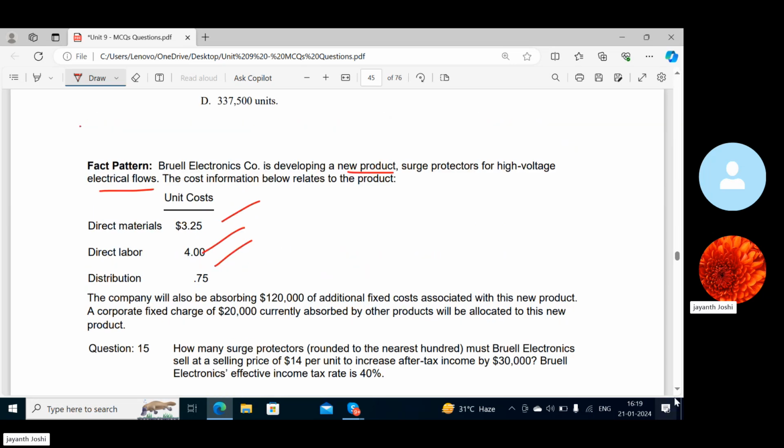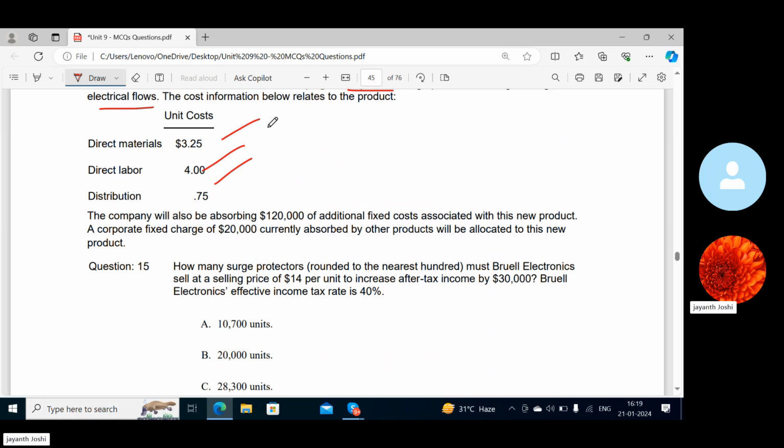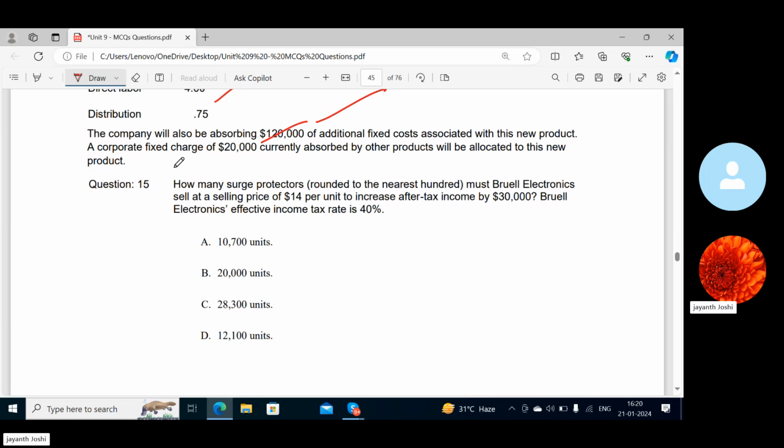So this is the information, and the company will also be absorbing this much fixed corporate charge, and how many such protectors must Bruel Electronics sell? That means they are asking about target sales, right? So what is the formula for target sales?